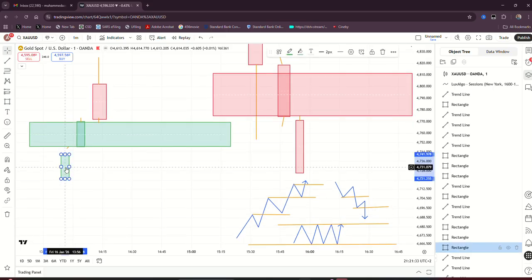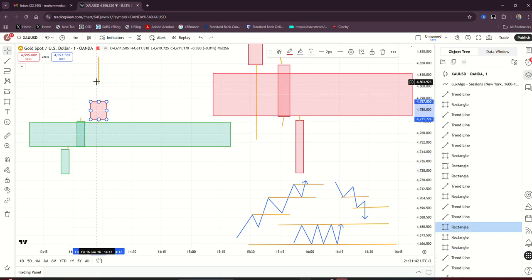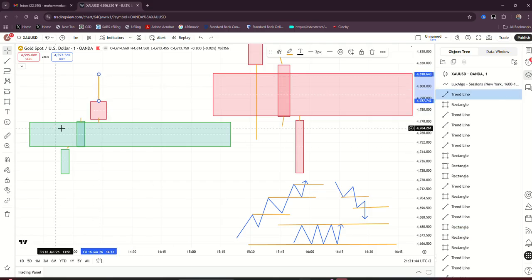It doesn't matter that this candle here is red, this one is green, right? What I'm worried about is that, let's make this a bit smaller, that this candle here is what I'm looking at. Okay, this is basically going to tell me if this is a bullish fair value gap or a bearish fair value gap. I'm looking at the middle candle. I'm not worried about this candle color and this candle color. I'm worried about the middle candle, right?